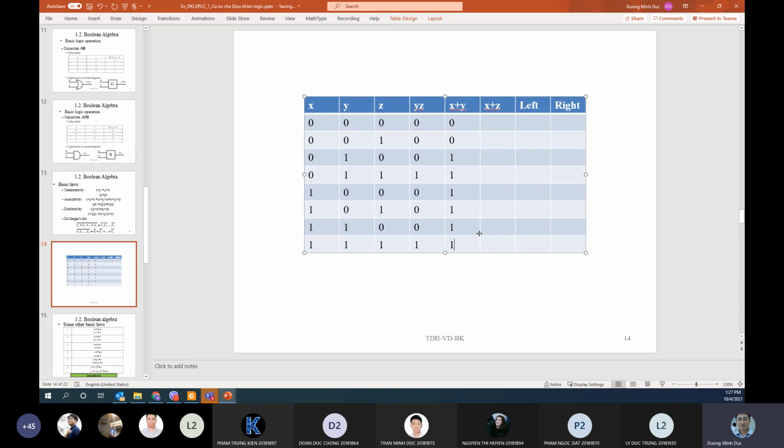Here is also x plus z: 0, 1, 0, 1, and 1, 1, 1, 1. So the left side equals this one and this one. Okay, we make some color.